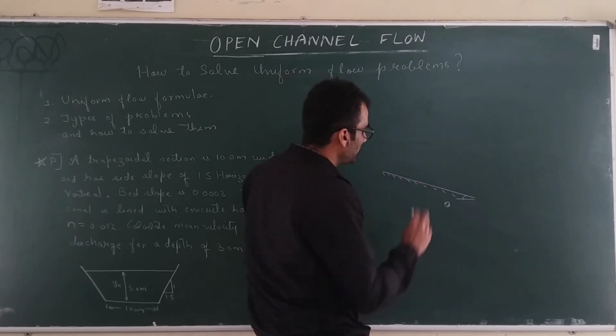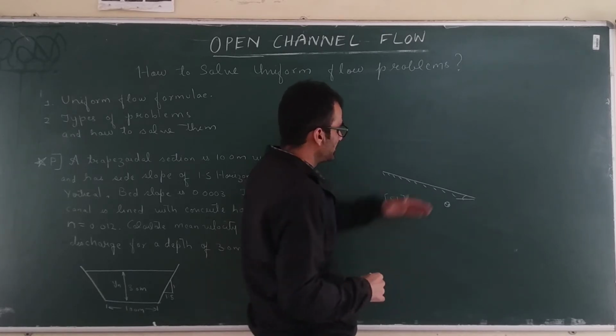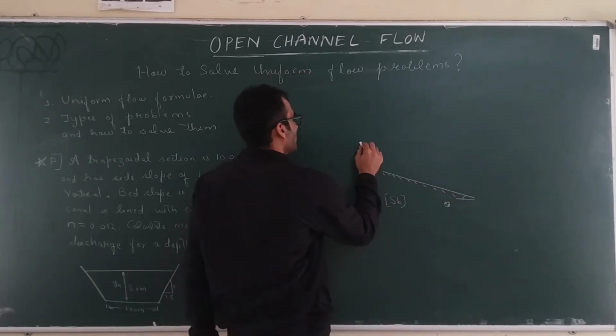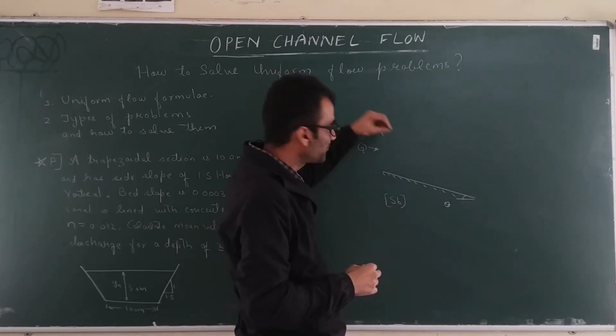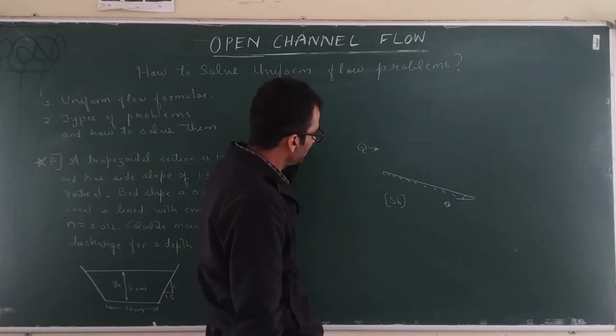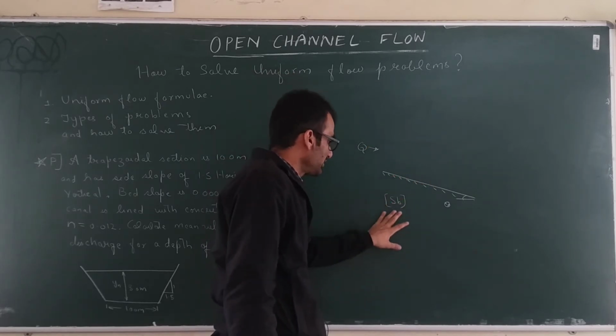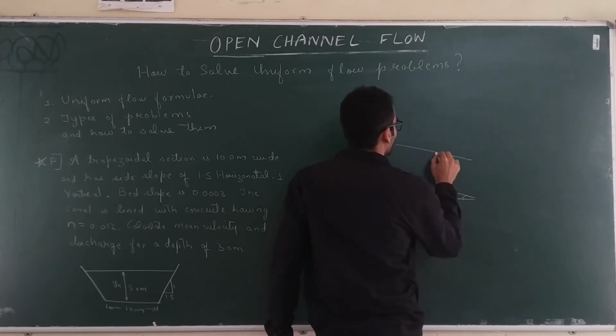If you provide some bed slope and put some discharge Q in this channel, then for one slope you will always have one depth, the normal depth value.